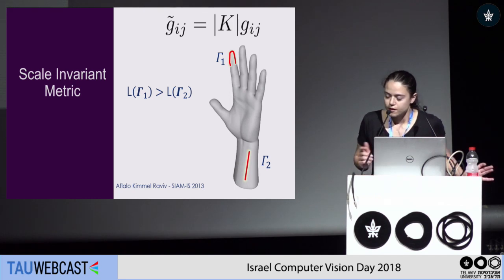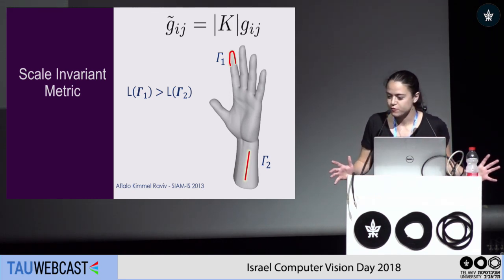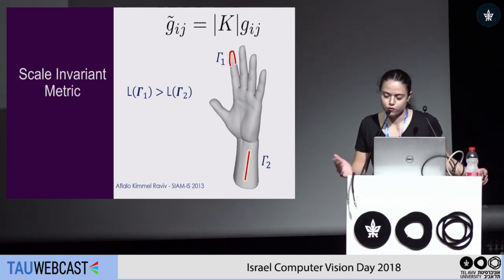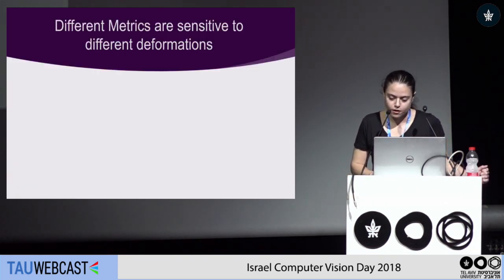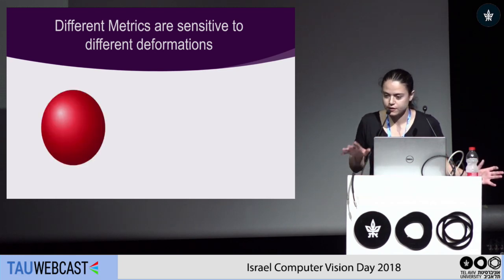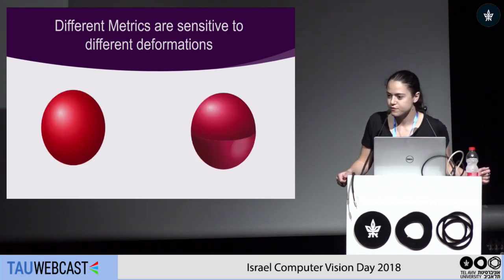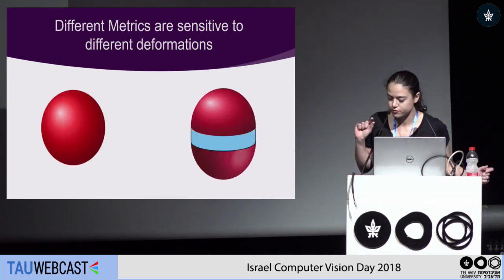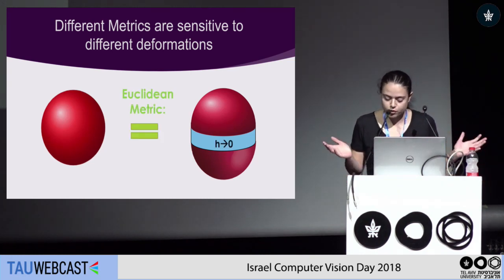So there are pairs of surfaces that can be considered isometric from the point of view of one metric, but still non-isometric from the point of view of the second metric. For example, if we take a sphere, cut it in half, and construct a spherocylinder with very short, approaching zero, cylinder height, we can see that from the point of view of the Euclidean metric, nothing really happened.